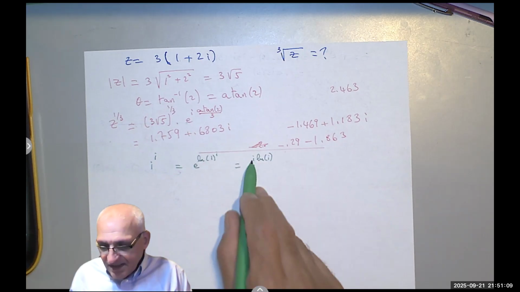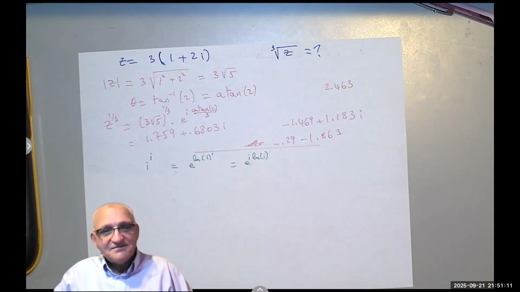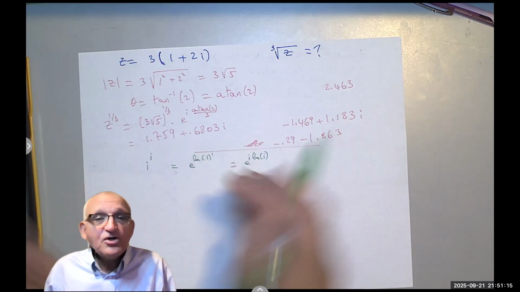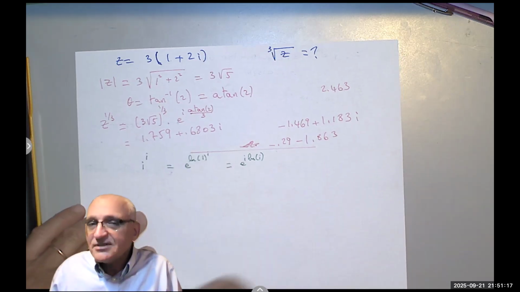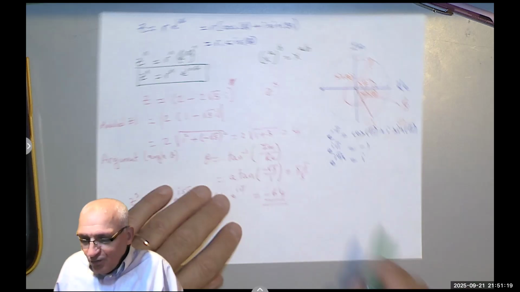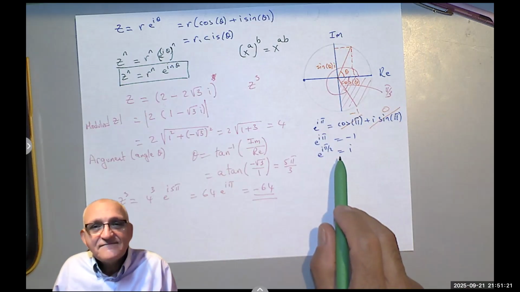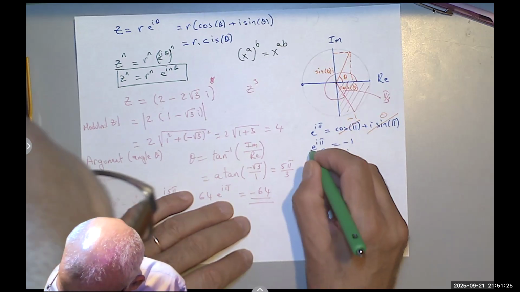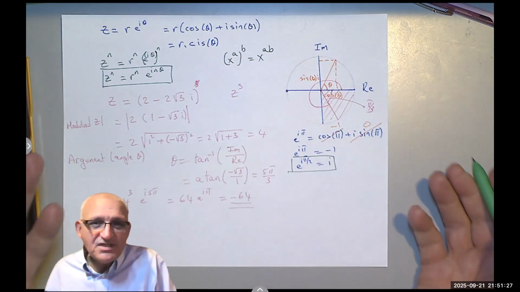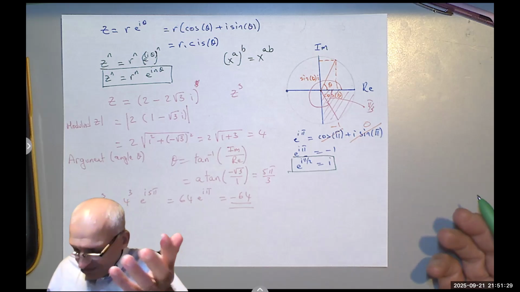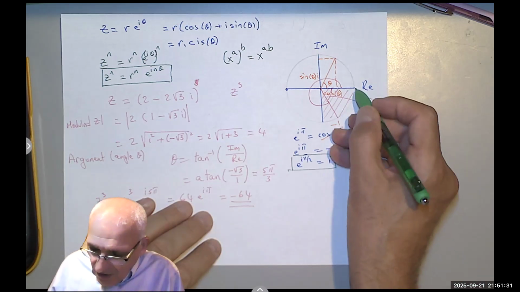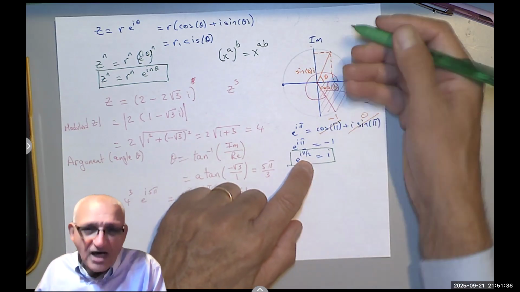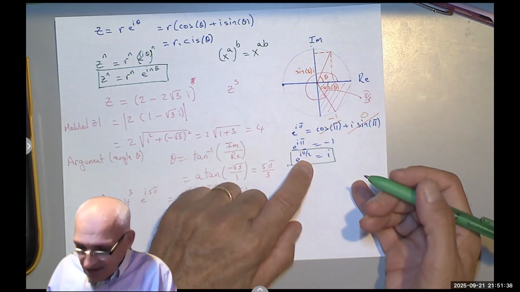Now it looks like e to the i theta. But I'm not going to use the cis. Do you remember here what we did? Do you remember that I gave you this equation? And it wasn't really an equation. You could have found it yourself by saying, okay, i, the angle is pi over 2. So e to the i pi over 2 is i.